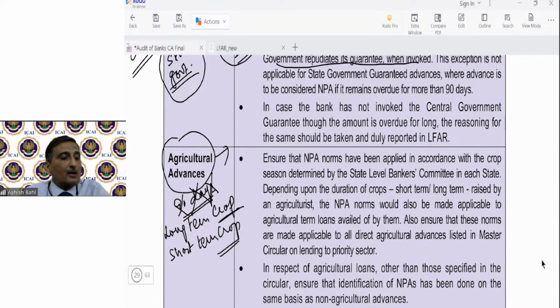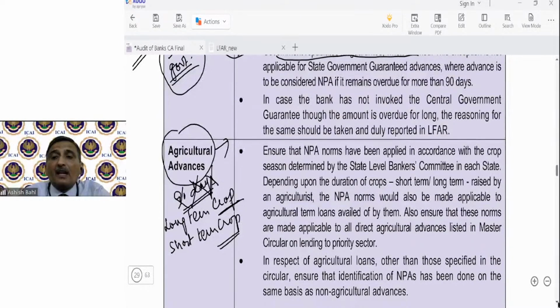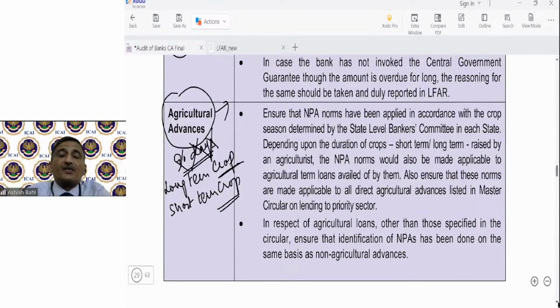Short-term crops are those in which the period between sowing and harvesting is less than a year, and long-term crops are those in which it is more than a year. Like sugarcane is a long-term crop, whereas paddy and wheat are short-term crops.